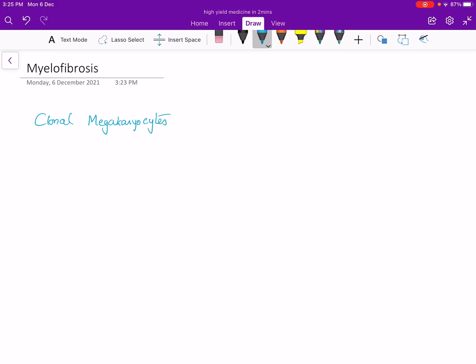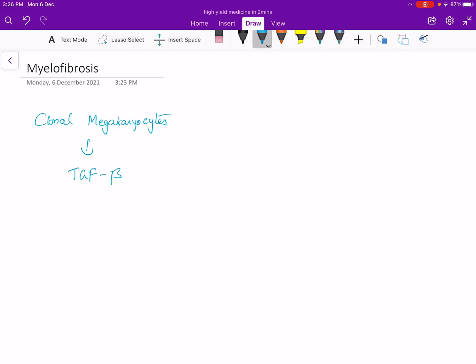Megakaryocytes are nothing but the big daddies of platelet cells which make platelets. So these atypical megakaryocytes suddenly start secreting a factor called transforming growth factor beta.